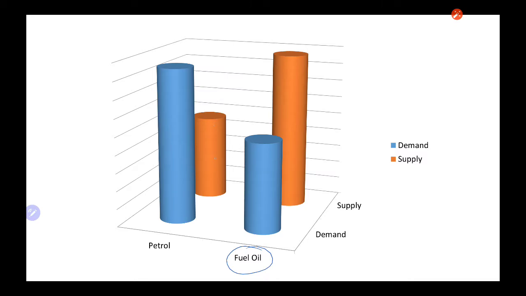You can see that column's quite short in comparison. The blue column is demand. For fuel oil, the demand is quite low compared to how much we've got, and for petrol, more and more people are getting cars. There are more cars on the road now than there ever has been, so the demand for petrol has skyrocketed and hence it's more expensive.